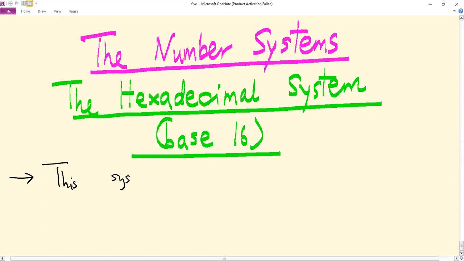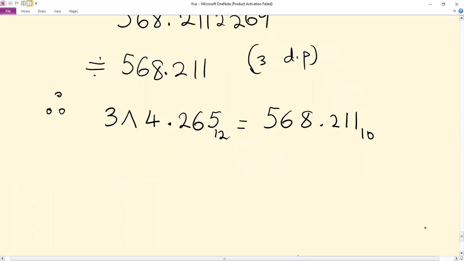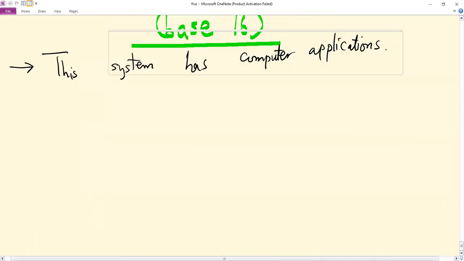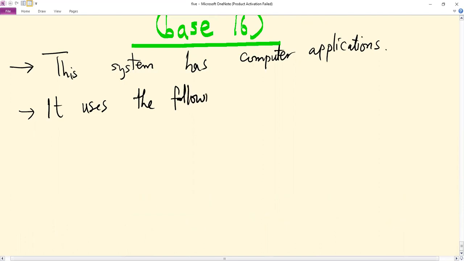This system has many computer applications, and it uses the following characters or symbols.